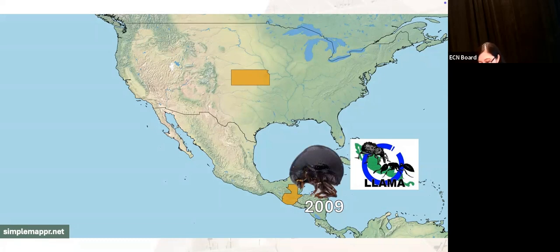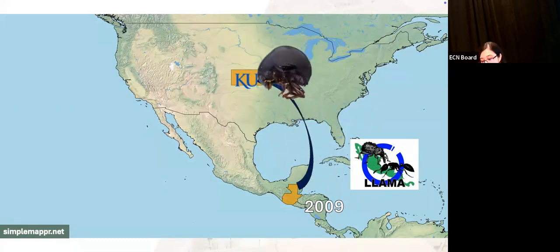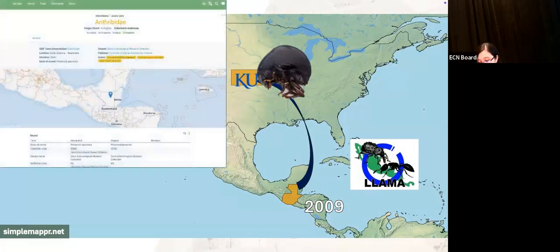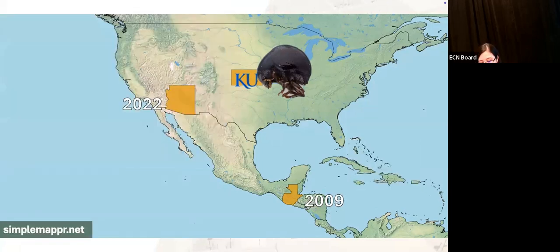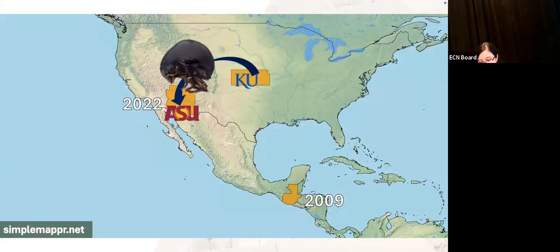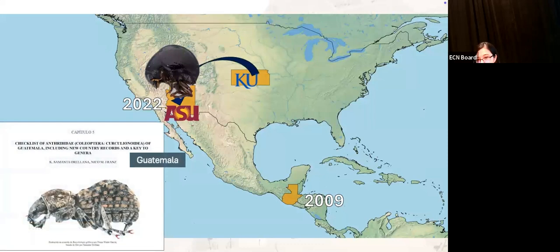So eventually that specimen went to KU, the University of Kansas, where it remained probably in ethanol for a few years. It was mounted and identified as Anthribid, and it was digitized and available. So in 2022, I requested a loan and I got the specimen. I was able to identify it to species. That was a new record for Guatemala, only reported for Belize. So that was very exciting.